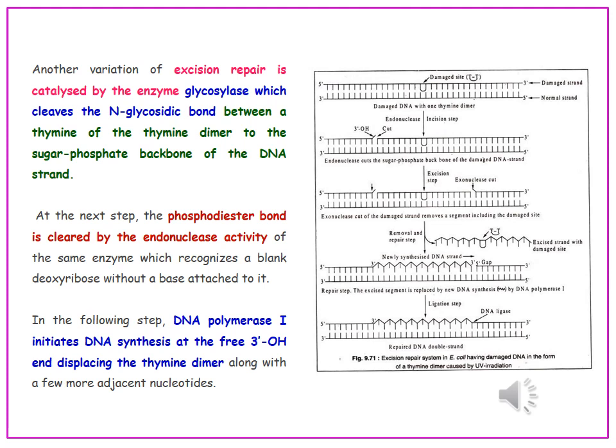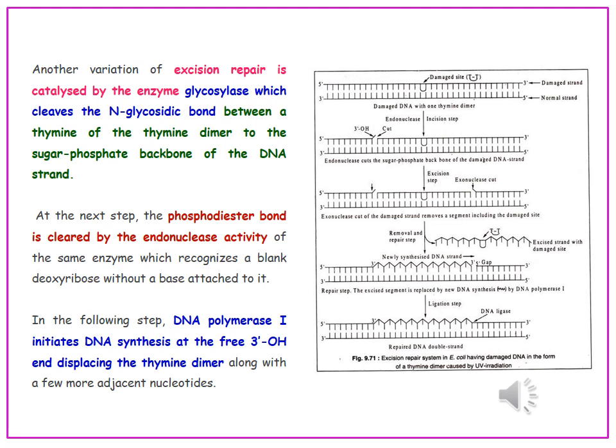Another variation of excision repair is catalyzed by the enzyme glycosylase, which cleaves the N-glycosidic bond between a thymine of a thymine dimer and the sugar phosphate backbone of the DNA strand.